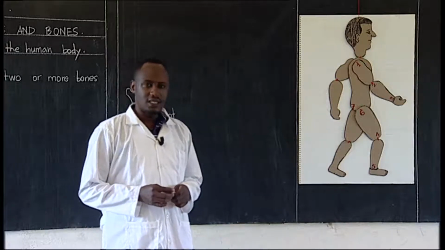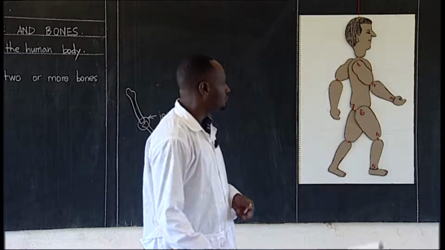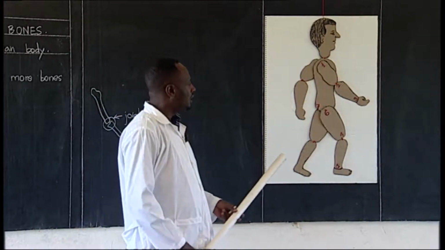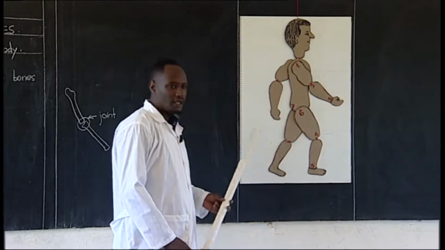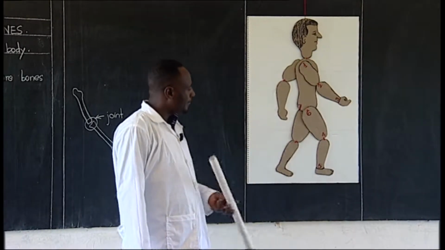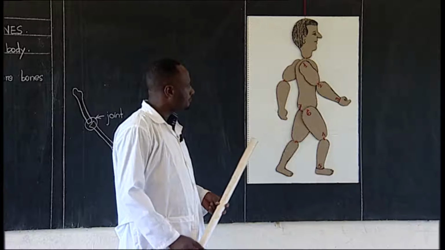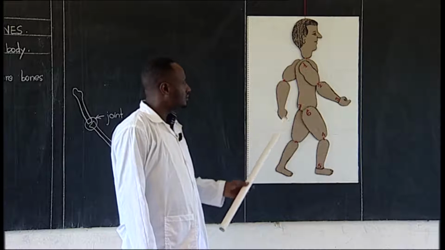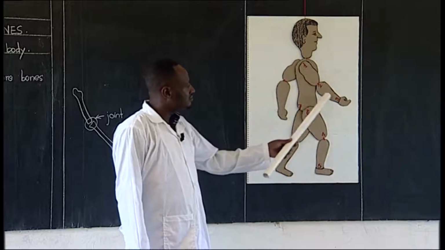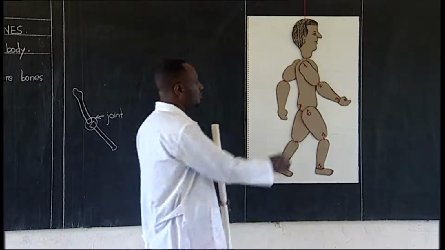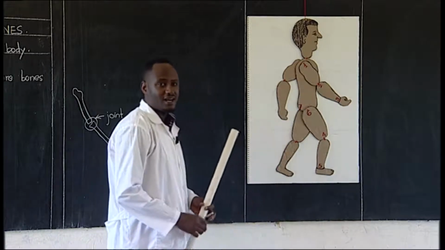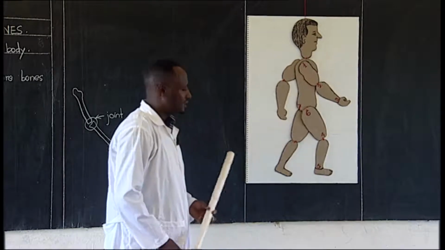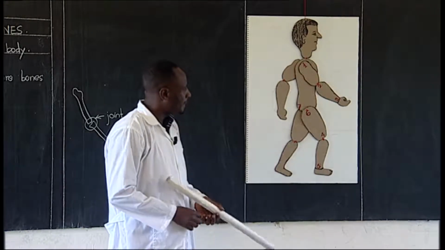So when we look at our chart here, this is showing a human body whereby we have the legs, the arms, then the middle part, which is known as the trunk, the neck, and the head. So that is the human body.